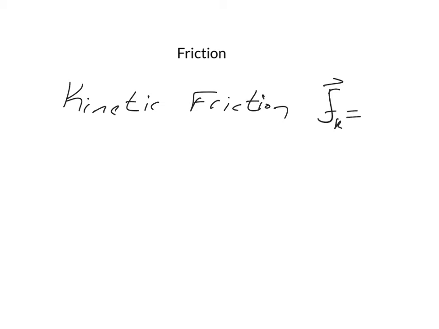And this has a constant value. It's the coefficient of kinetic friction times the normal force. What gets a little confusing with this is that if we're doing stuff on angles, then the normal force is not equal and opposite to the weight. So it's a component of the normal force.